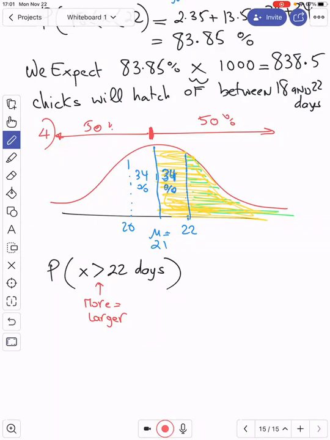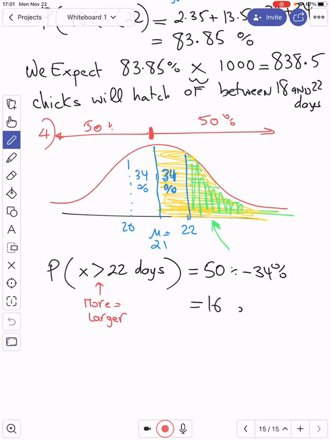And you need this one here, right? So what's the difference? That's the difference between the 50 and 34. 16. Yes, 16. So this is 50 minus 34.